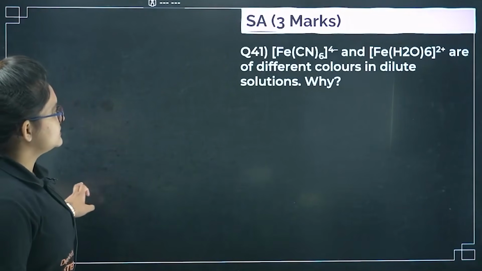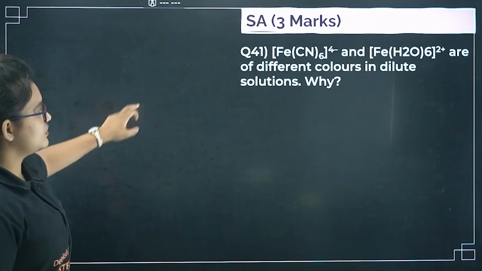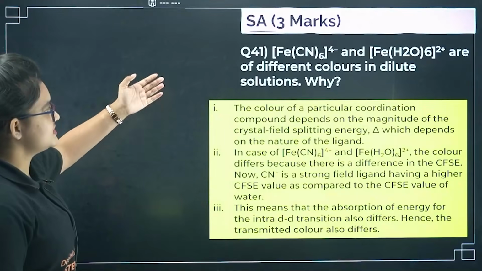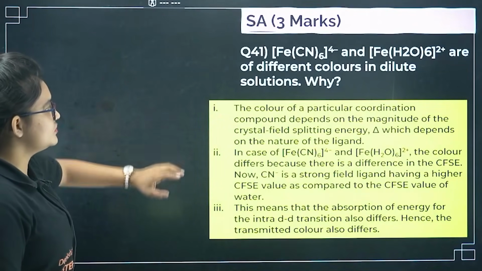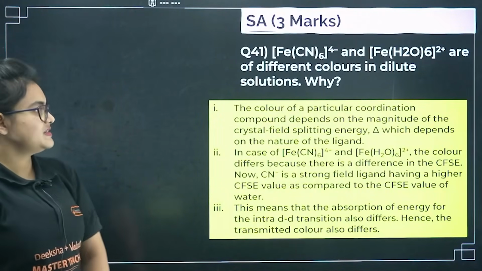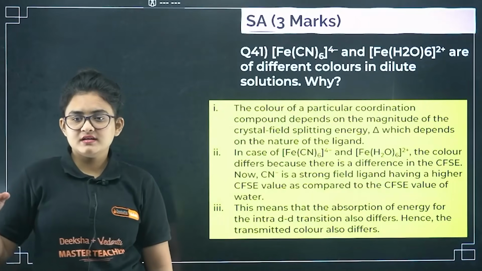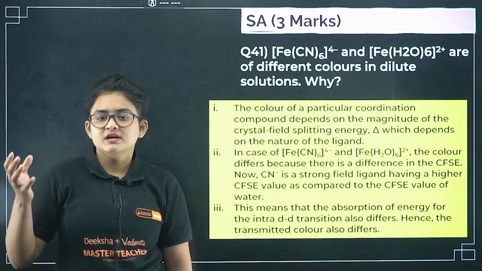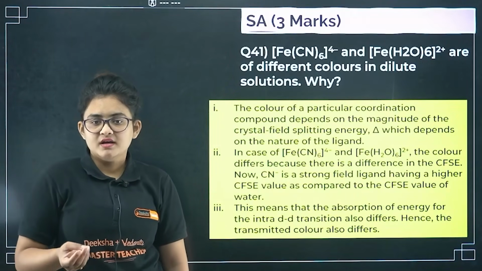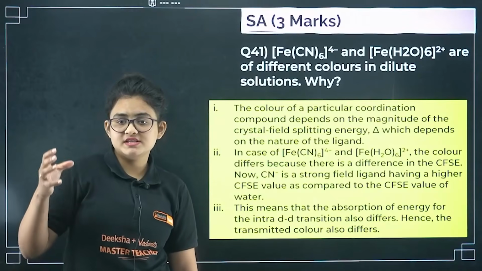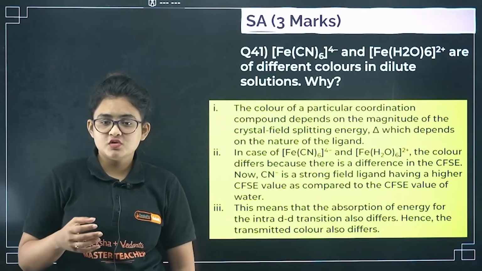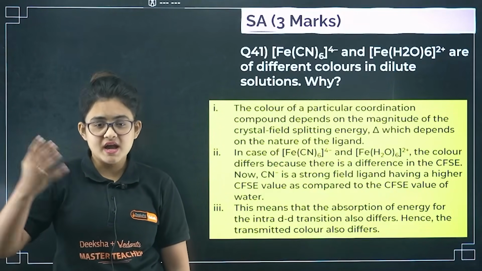Fe(CN)6 4- and Fe(H2O)6 2+ are different in color in dilute solution. So the reason is basically the same. The color definitely depends upon the crystal field energy, right? Fe(CN)6 has a very strong field ligand, so as a result of this, we can expect a higher CFSE value.